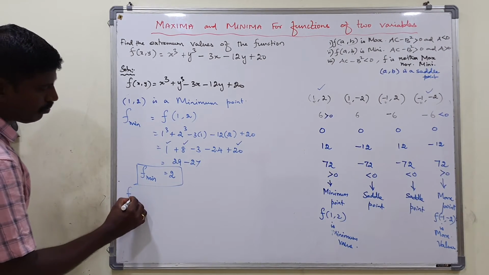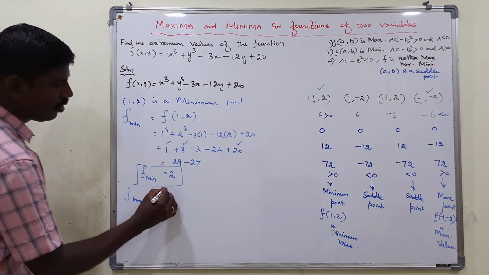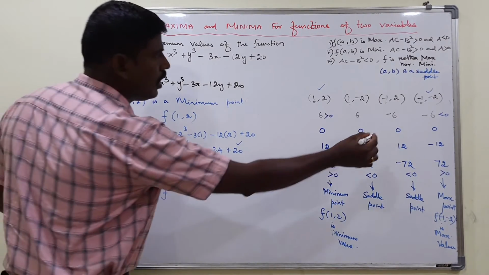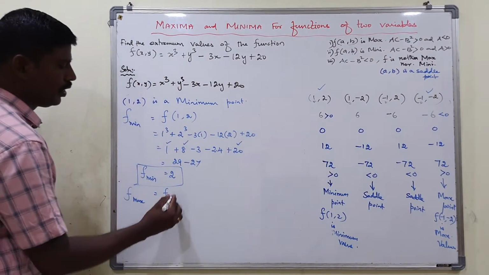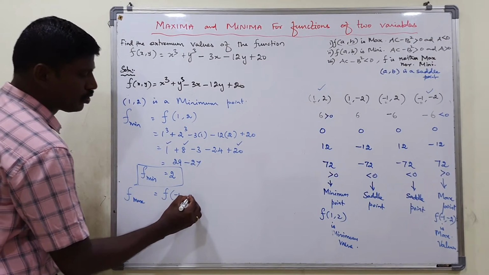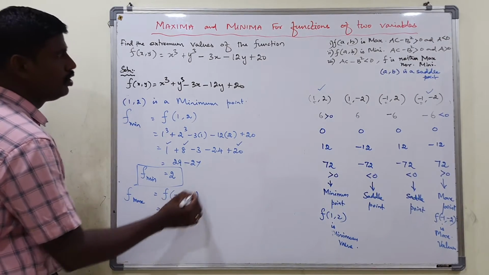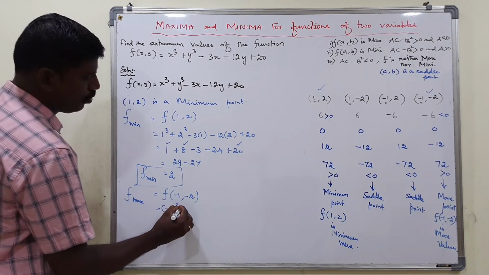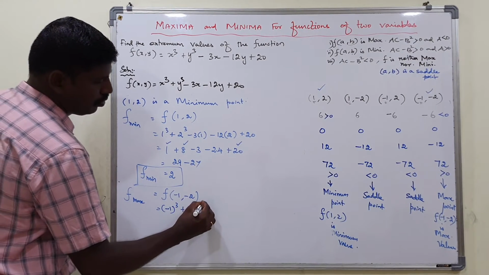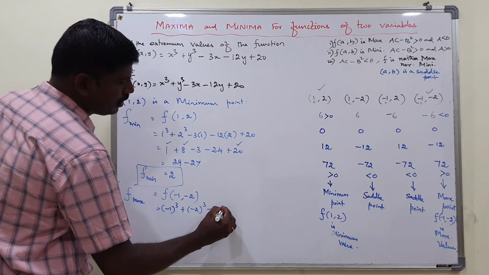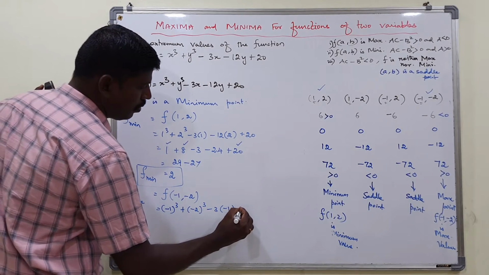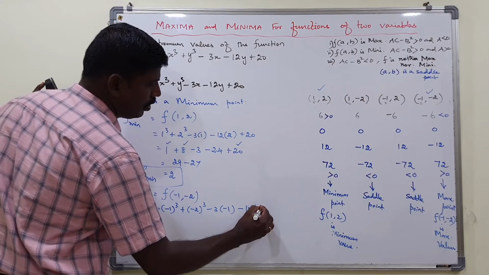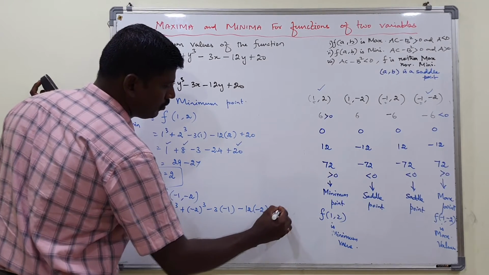So F maximum. The maximum value of F is at the point minus 1 comma minus 2. Right? Substitute this point into here. So minus 1 cube plus minus 2 cube minus 3 into minus 1 minus 12 into minus 2 plus 20.